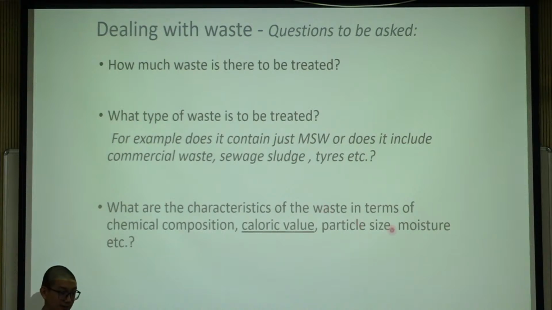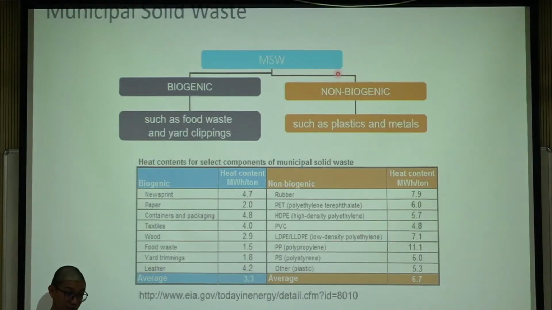What is the particle size, moisture, etc.? The waste that can be treated includes municipal waste, commercial waste, sewage waste, agricultural waste, tire waste, etc. So how much is to be treated, and how can we get this sustainable feedstock or raw material? We need to consider this before we continue.